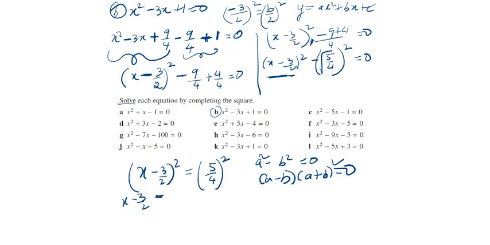So what I had was x minus 3 by 2 minus root of 5 by 4 into x minus 3 by 2 plus root 5 by 4 is equal to 0.